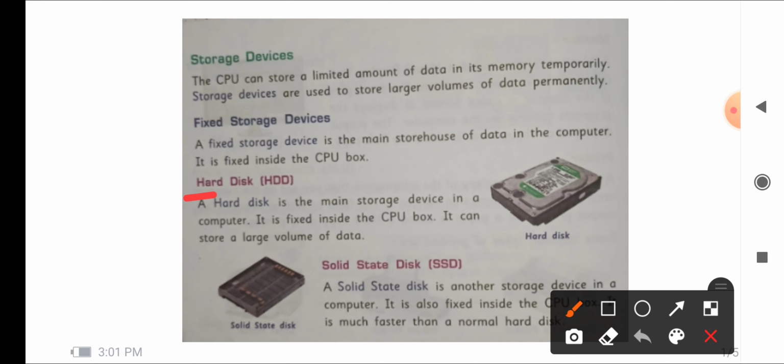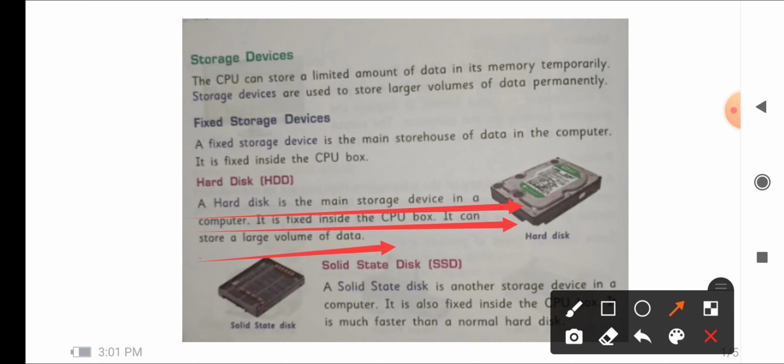The short form of hard disk is HDD. Now, a hard disk is the main storage device in a computer. It is fixed inside the CPU box. It can store a large amount of data.